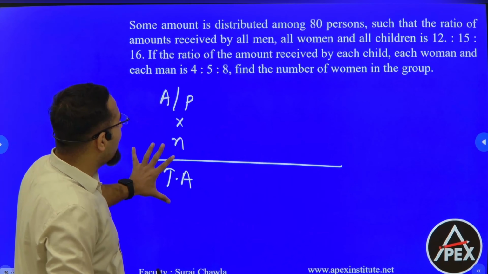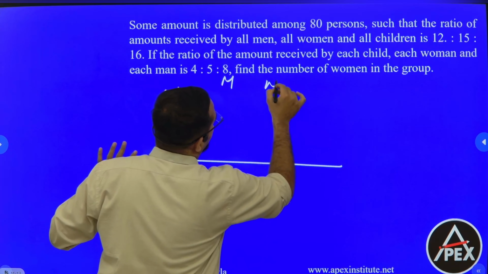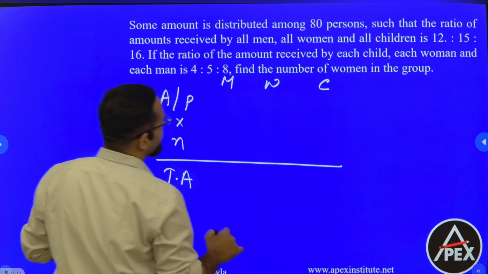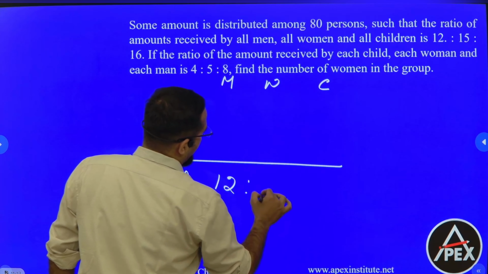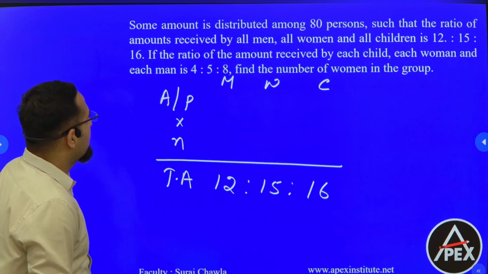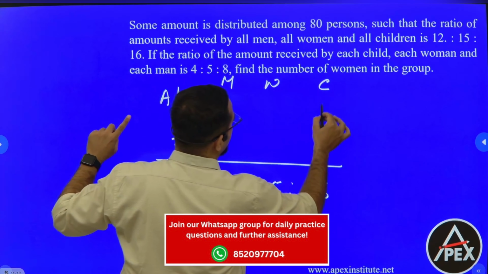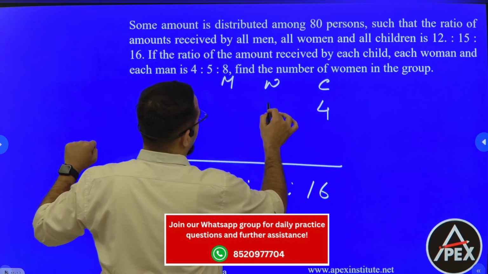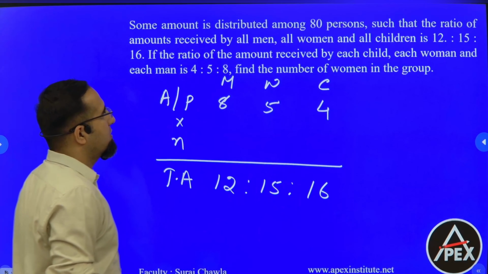Now the total amount we know: men is to women is to children is going to be 12 is to 15 is to 16. And now I am told that each child gets 4, each woman gets 5 and each man gets 8.